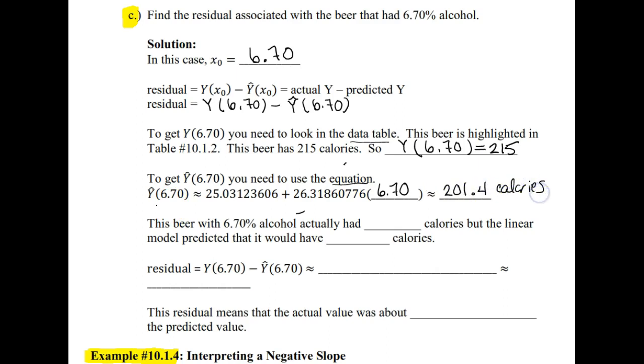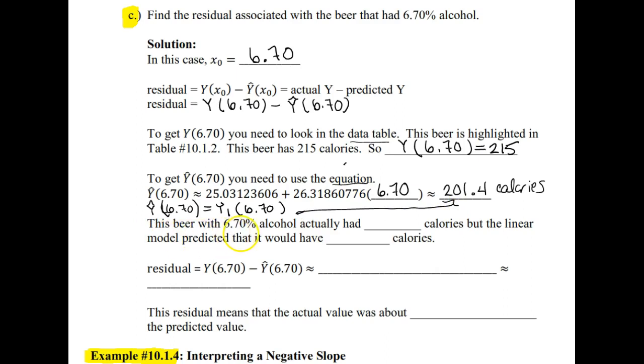Here I've shown it with all of the decimal places, but to get y hat of 6.70, you could have used y1 of 6.70 instead of typing all of these decimal places, and it would give us the same 201.4 calories.